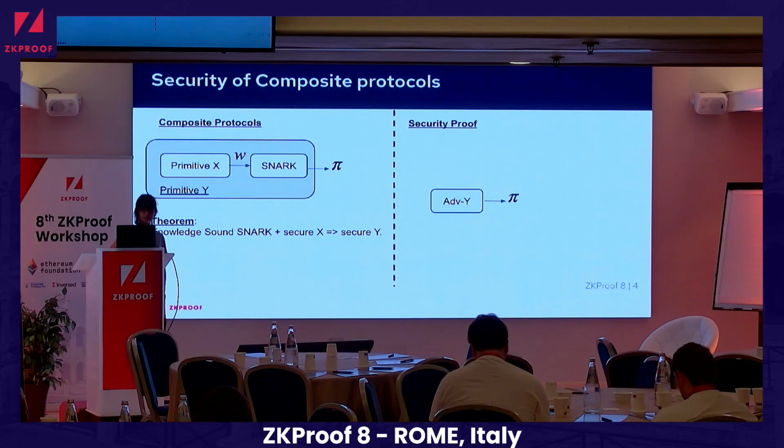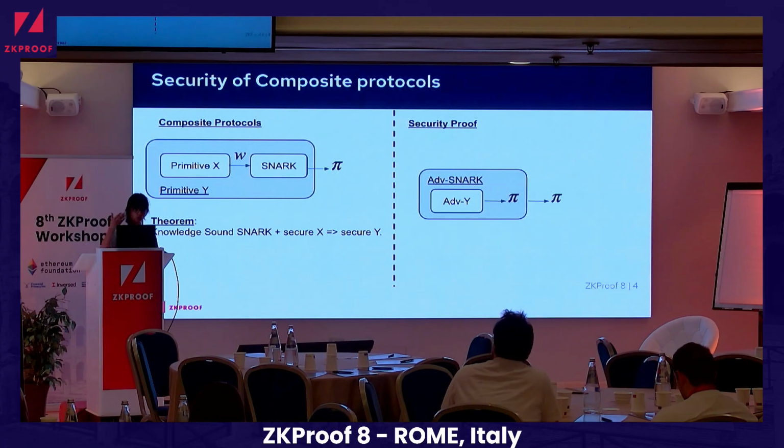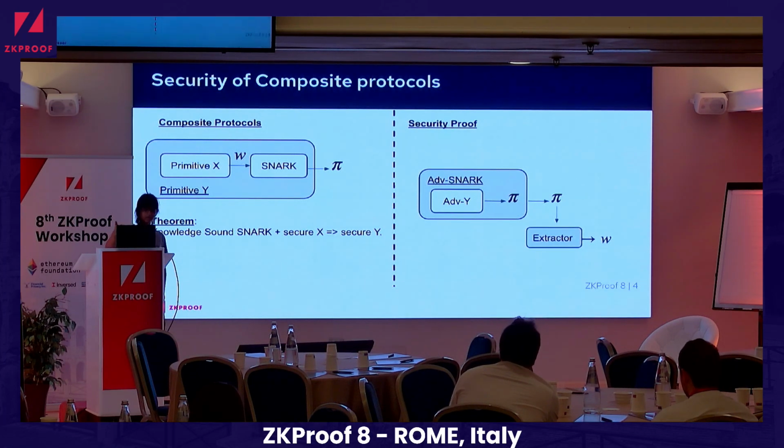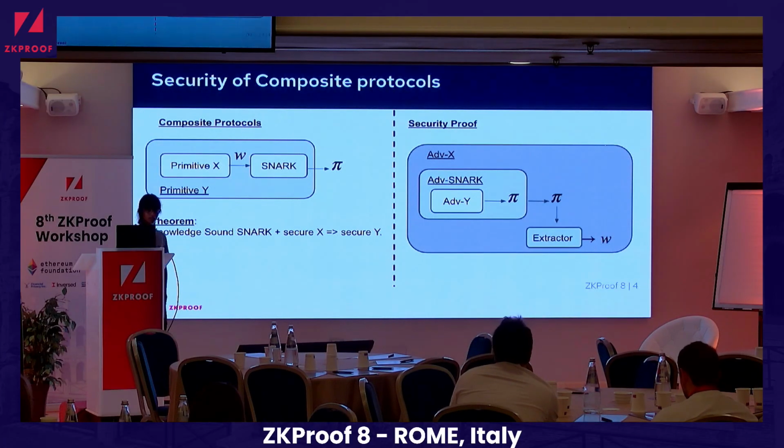Because this is the output of the SNARK component, I could build an adversary, given access to the adversary for Y, against the SNARK. Therefore, by knowledge soundness, there should be an extractor, and I can extract the previous input, W. Now this is an output of primitive X, so I can build an adversary against X. And because I assume that primitive X is secure, this should not be possible.